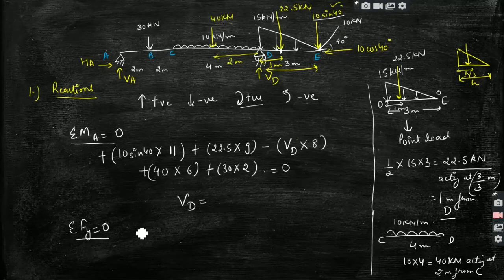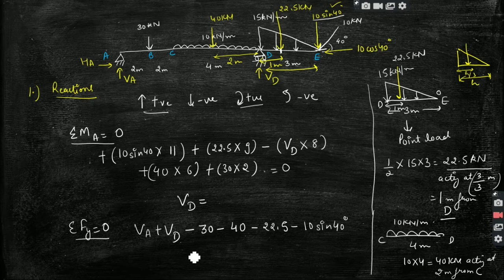Applying Fy is equal to 0, plus VD, because these two are upward forces. So for upward we are taking positive. VA plus VD minus 30 minus 40 minus 22.5 minus 10 sine 40. So we will get VA plus VD equation, which is this, right?